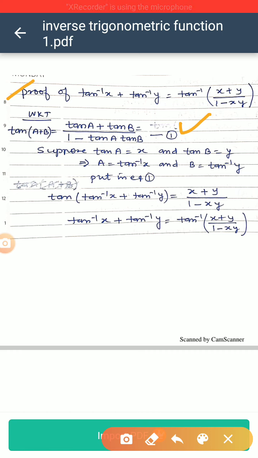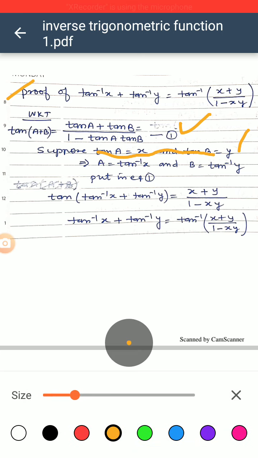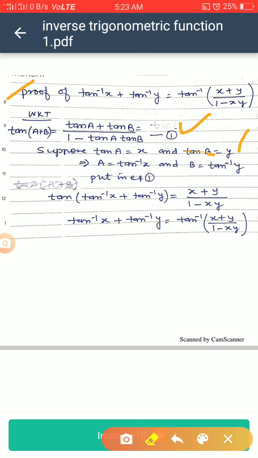Now here you suppose tan a equal to x and tan b equal to y. So from these we get a equal to tan inverse x and b equal to tan inverse y. Now you put all these values in equation 1.